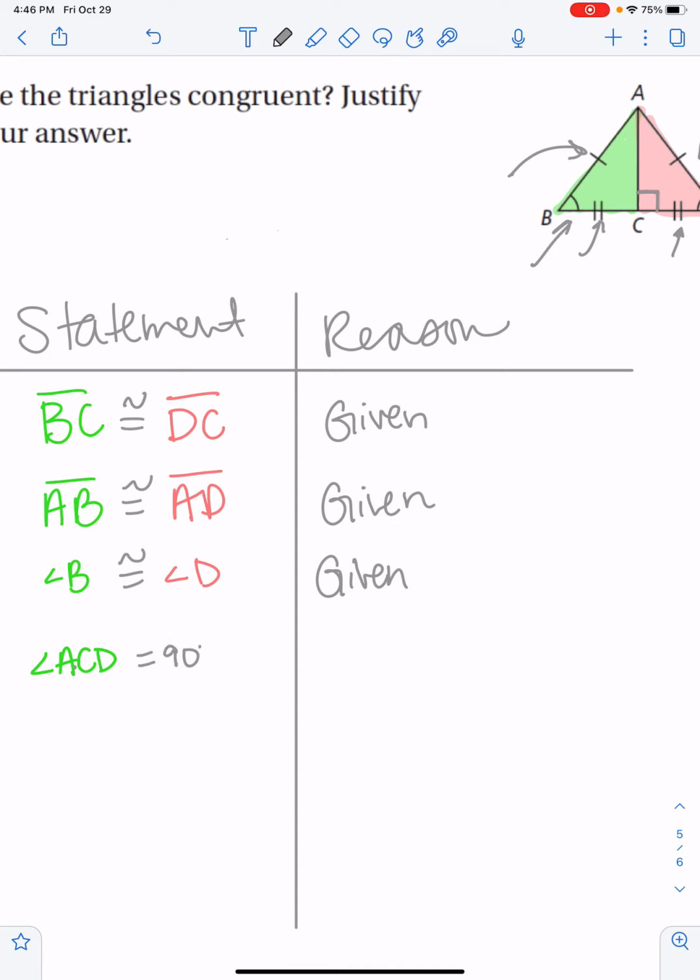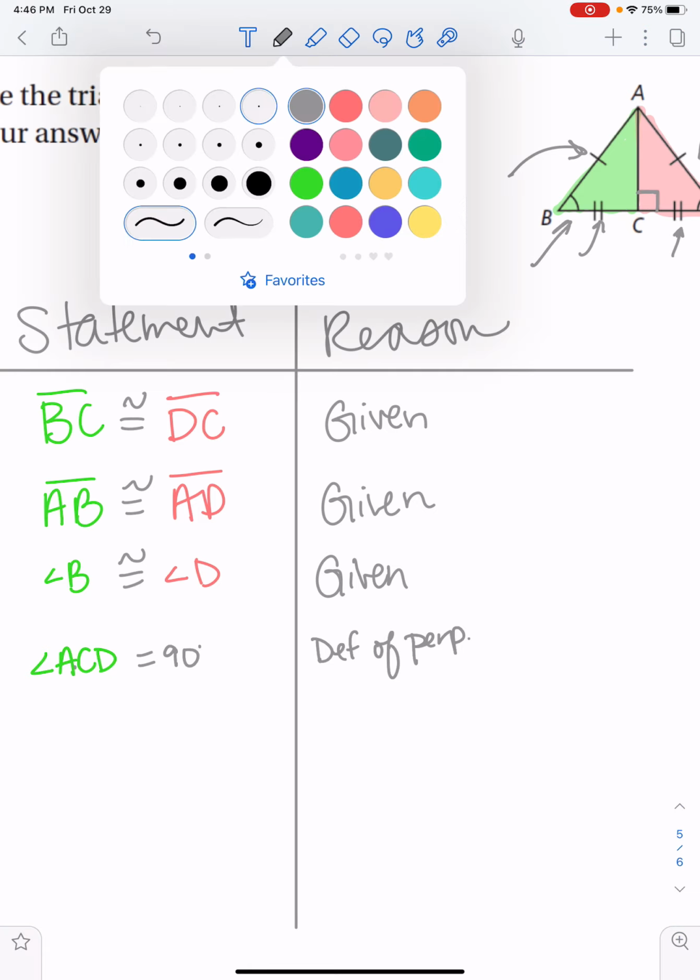And we could say definition of perpendicular, or because of the box shown, or right angle, or something like that. Definition of perpendicular.